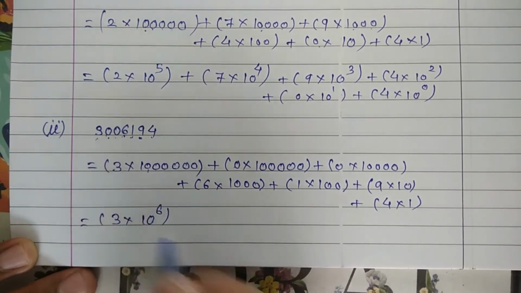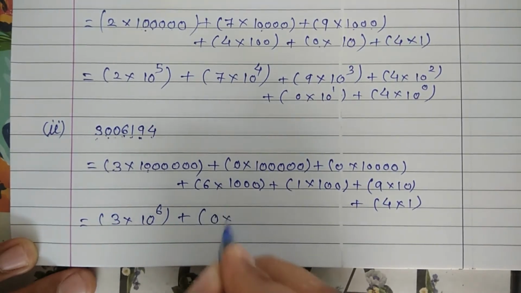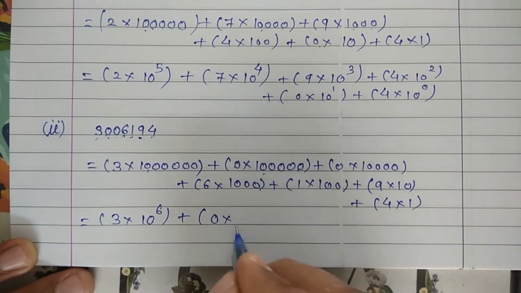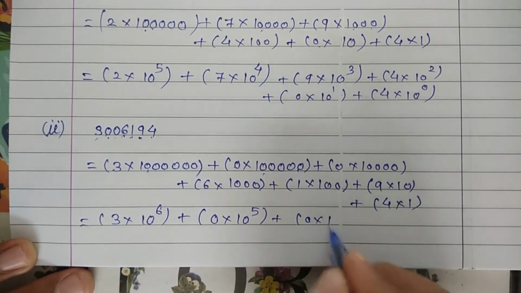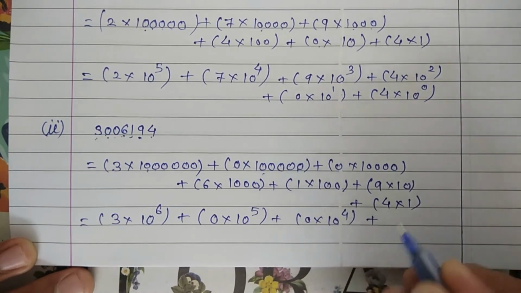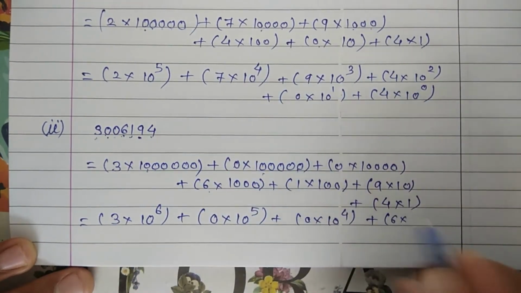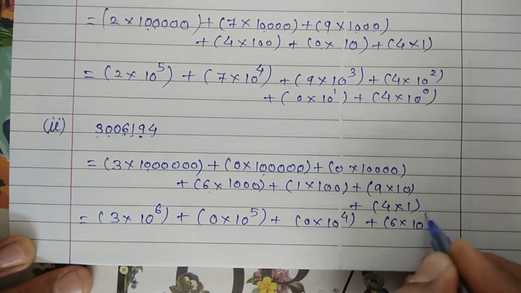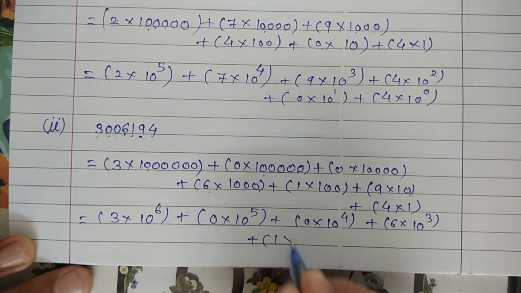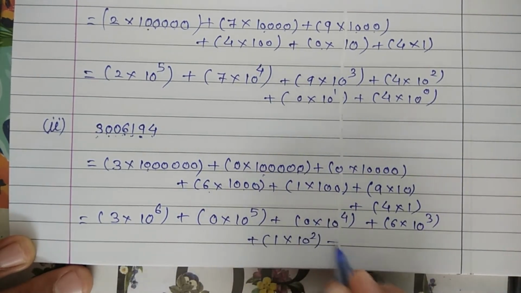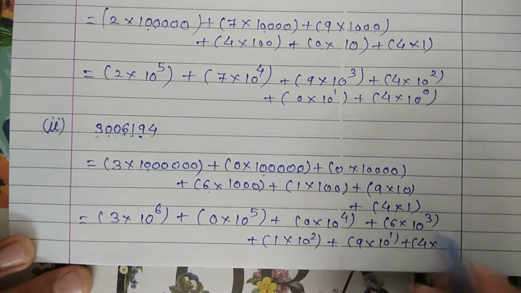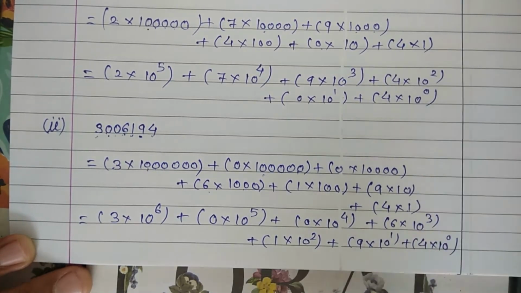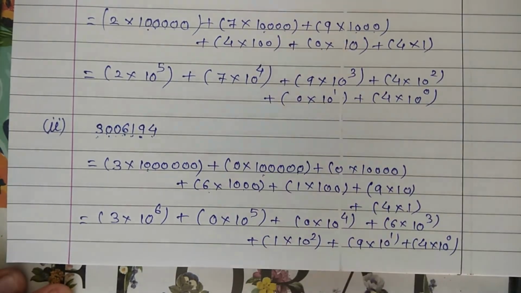So 10 raised to the power of 6, plus 0 multiplied by, 5 zeros are there, 10 raised to the power of 5, plus 0 multiplied by, 4 zeros are there, that is 10 raised to the power of 4, plus 6 multiplied by, 3 zeros are there, so 10 raised to the power of 3, plus 1 multiplied by 10 raised to the power of 2, plus 9 multiplied by 10 raised to the power of 1, plus 4 multiplied by, as 1 we can write, 10 raised to the power of 0. So this is our answer.